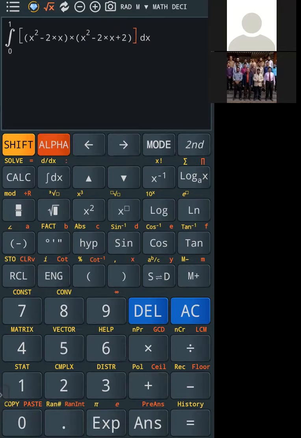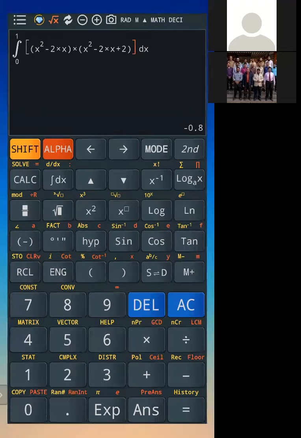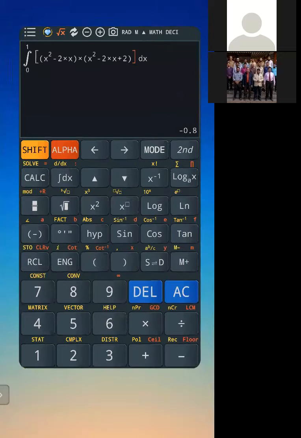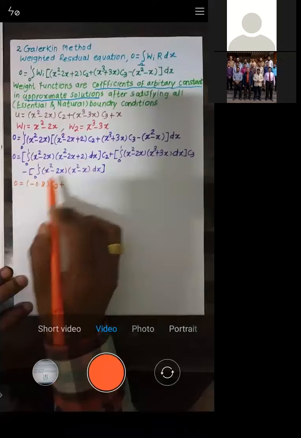Let's see what answer we get. We're getting minus 0.8, so that is the coefficient of C2.